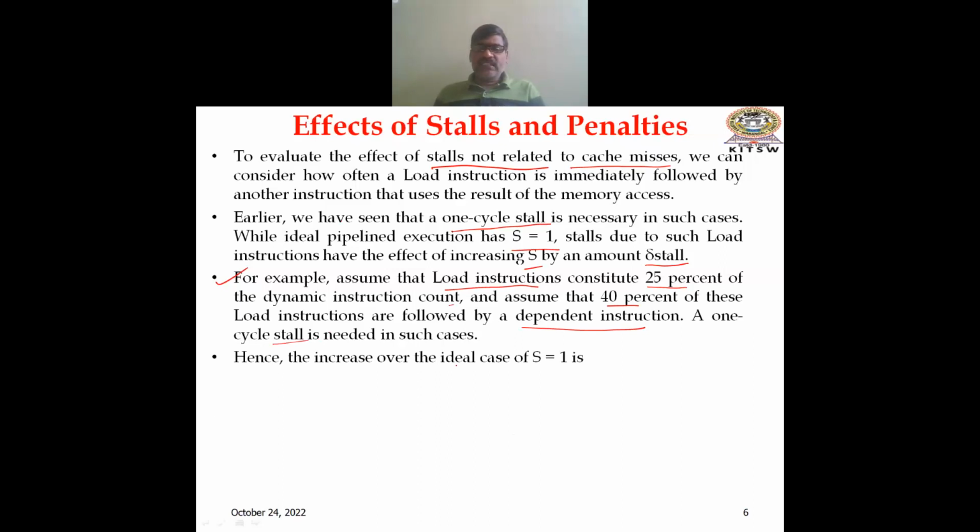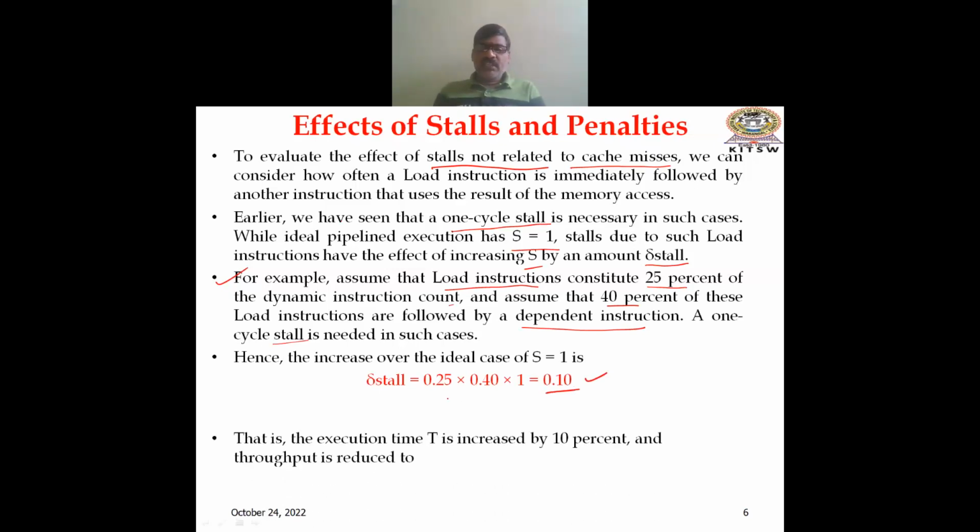Hence, the increase over the ideal case of S equal to 1 is delta stall equal to 0.25 into 0.4 into 1, which is equal to 0.10.